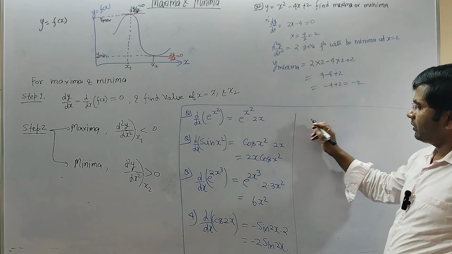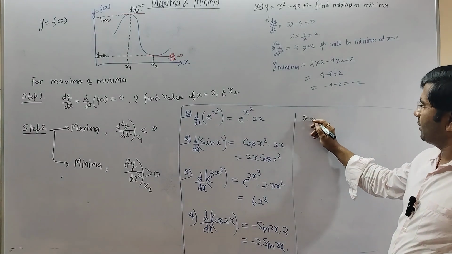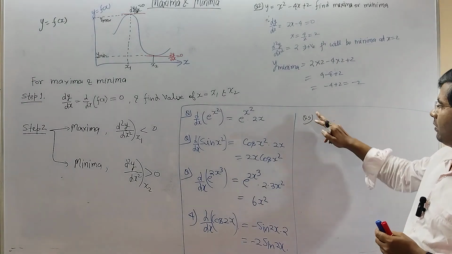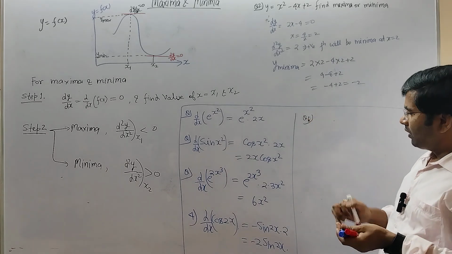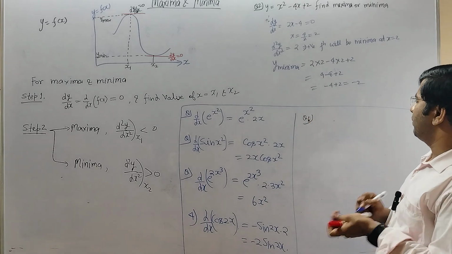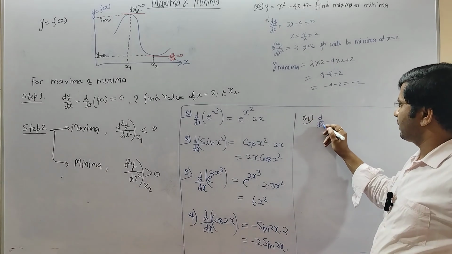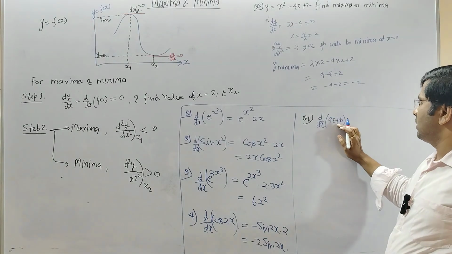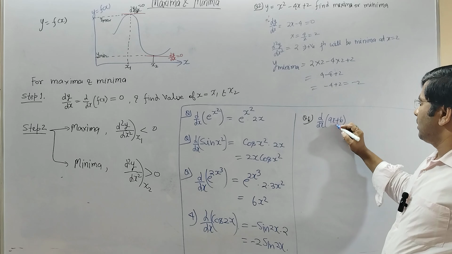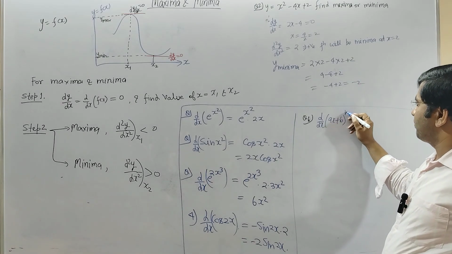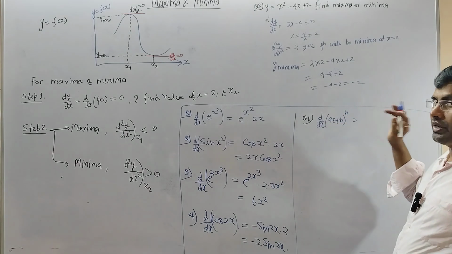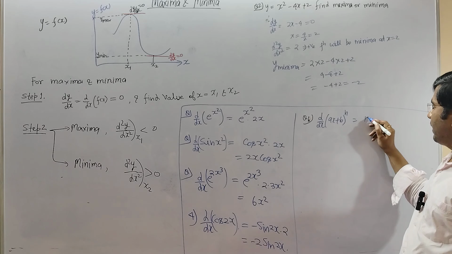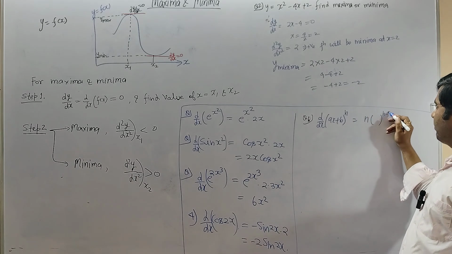We can take some more examples, like let's take 5. Okay, question only. So here, if you have to find out d by dx of ax plus b to the power n, what you have to do here, you assume for a moment this is x only. So it will be n into x to the power n minus 1.